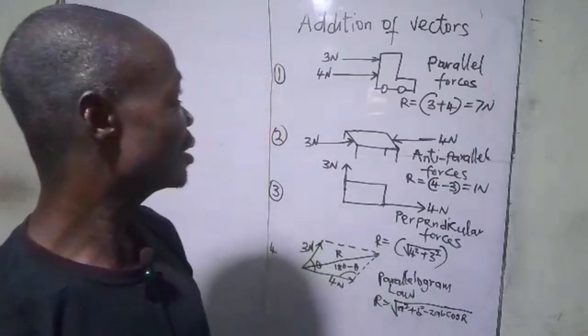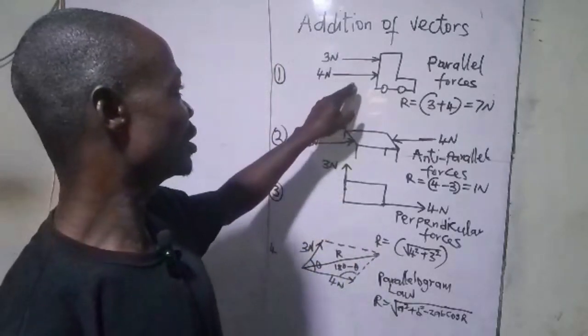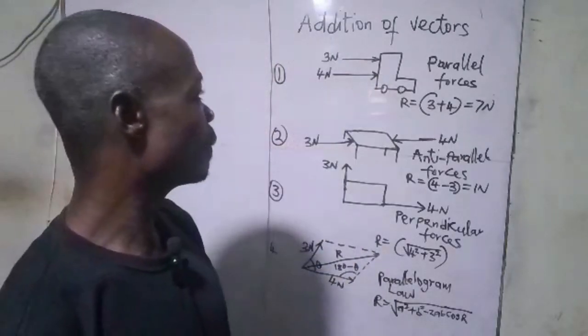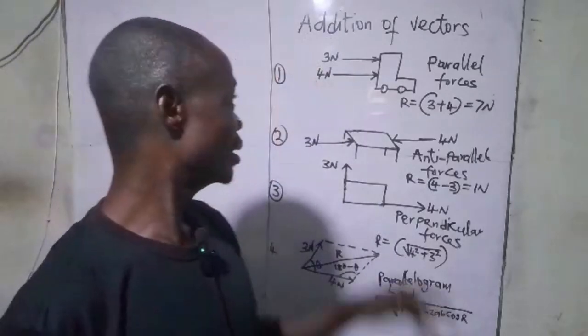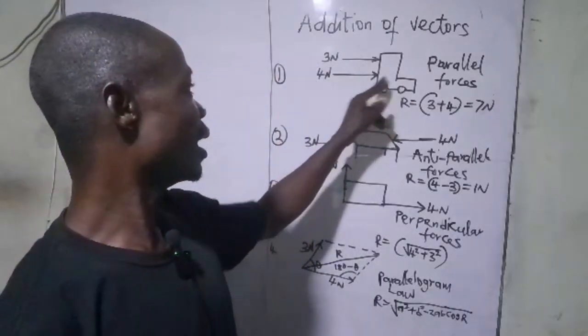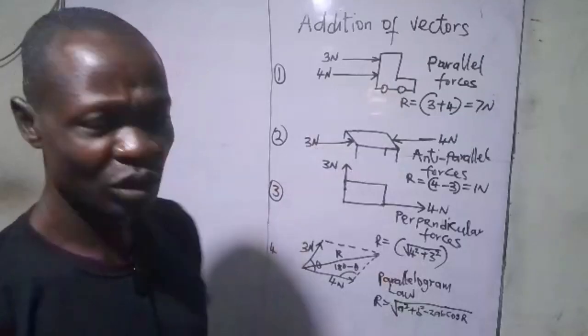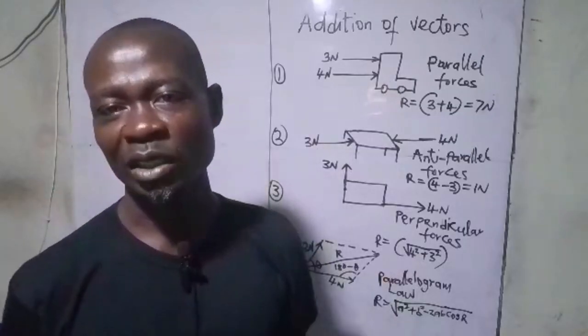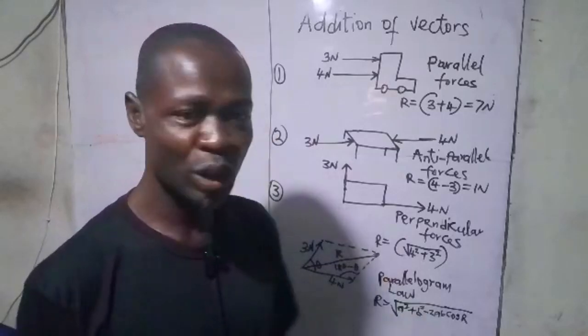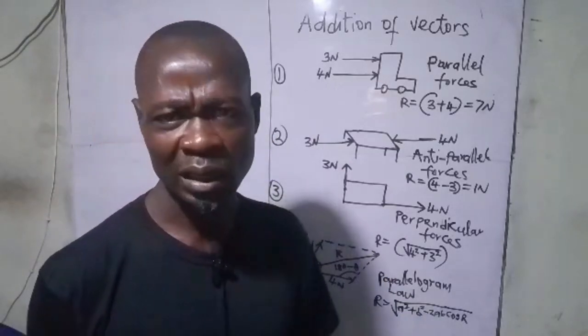So take for instance, when two forces are pushing this car. So the 3 Newton force is pushing the car alongside with the 4 Newton force. So when you look at it, they are actually pushing in the same direction. So how do we compound them? How do we get the resultant?